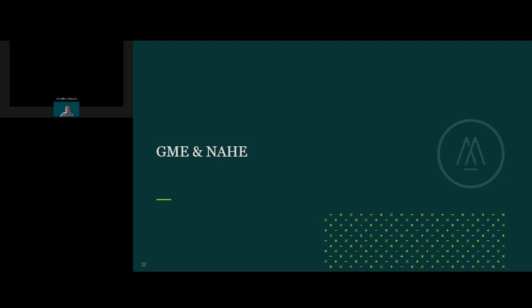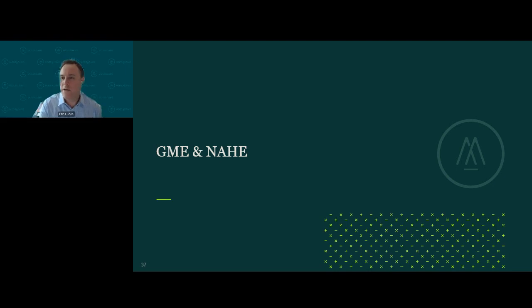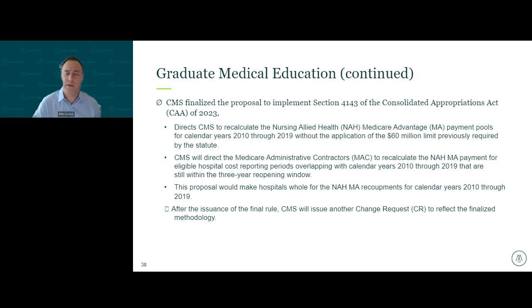Thank you, Jonathan. Okay, so we have a few other not as big items, but still important. The first is nursing and allied health program. Hospitals that have these programs likely were hit by an adjustment related to past years. The program had overspent the Medicare Advantage add-on for 2010 through 2019.